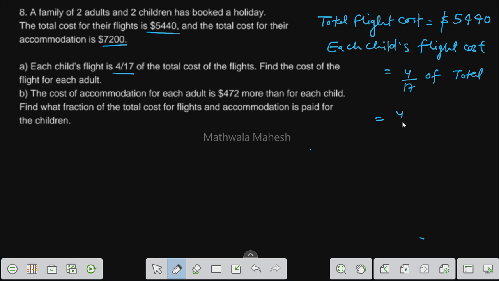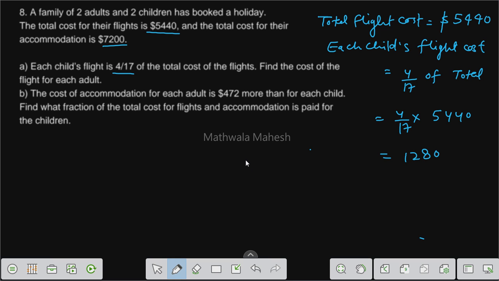It means 4 by 17 into 5440. It means 1280. Okay, $1280 for each.